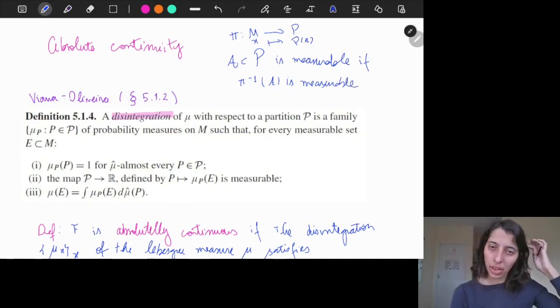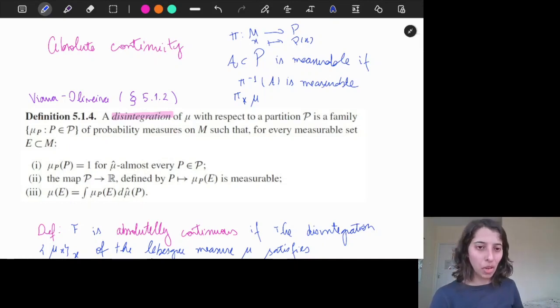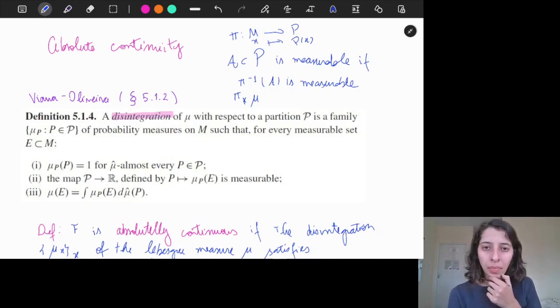So we have a way of defining also a measure here as the push forward of our original measure mu to this space, the push forward to P. So we have a way of measuring things on the space given by the partition. And then, when we take the measure and decompose it with respect to this partition, this measure is taken into a disintegration, or a system of conditional measures, that satisfy these three conditions.